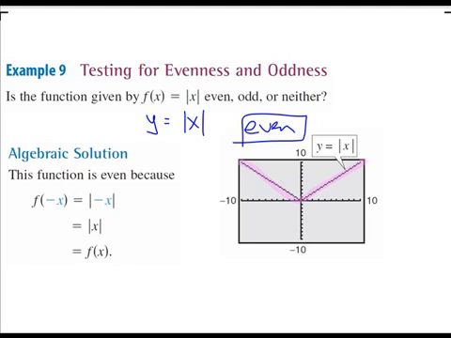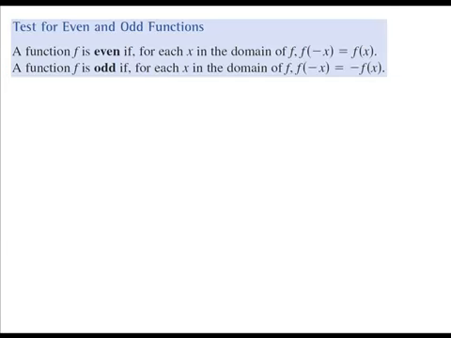Now, algebraically, how do you determine if a function is even, odd, or maybe neither? Okay, so let's talk about that. Algebraically, this is what you do. You plug -x into the function.